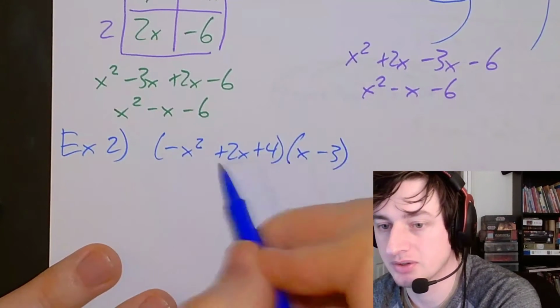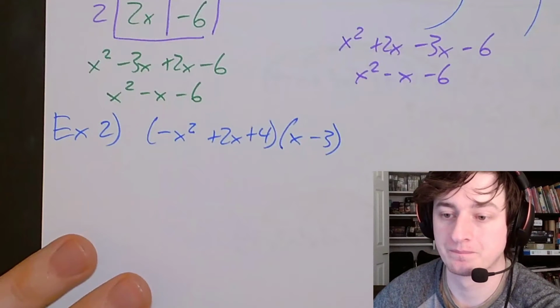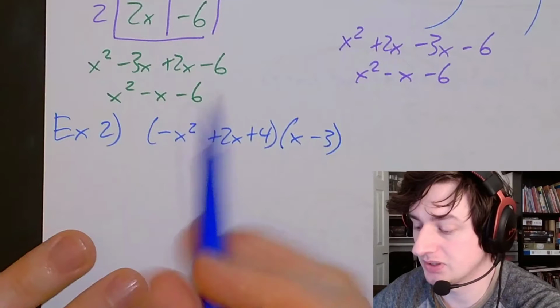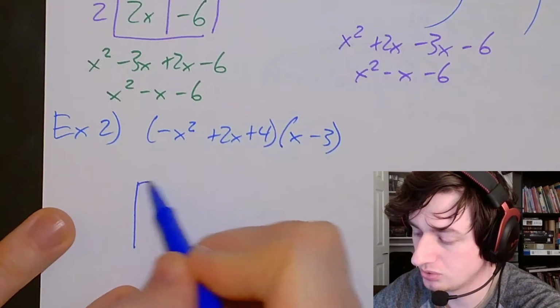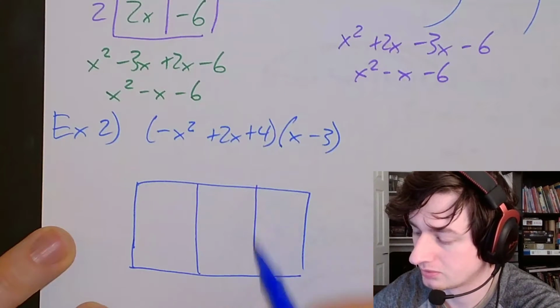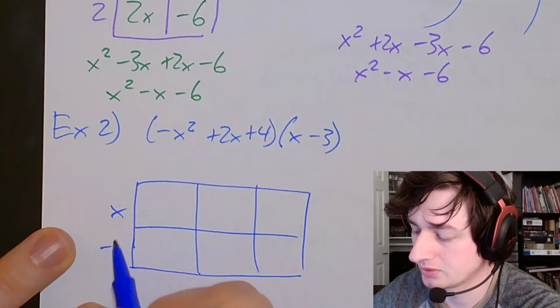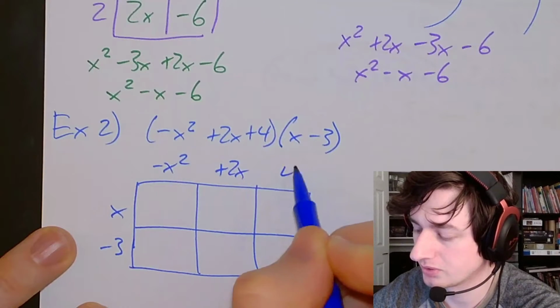And we might get bigger than this. So here's what we're going to do. We're going to make a box, and the length of the side is going to be the same as the number of terms here. So this is going to be a 2 by 3 box. So x minus 3 here, negative x squared plus 2x and a 4.